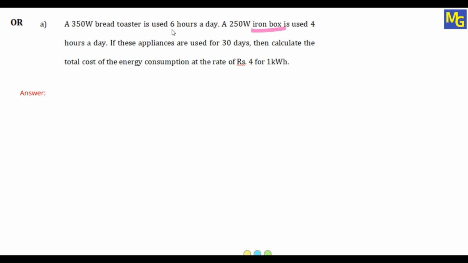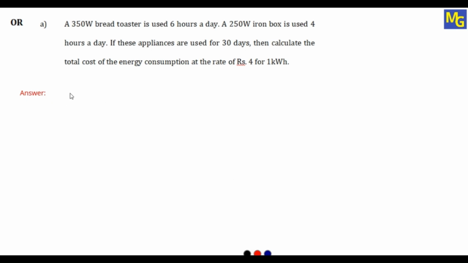So we will get the total energy consumption, and then we have to find out the cost for 30 days at 4 rupees for 1 kilowatt hour. Here they have given the power in watt, so find out the energy, convert to kilowatt, add both the energies and take the total, and then for 30 days find out how much will be the cost of energy consumption. So we will solve it step by step.